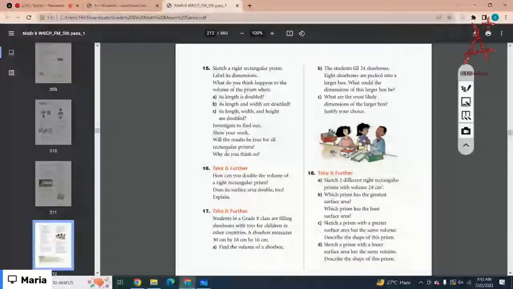What do you think happens to the volume of the prism when its length is doubled? If the length is doubled, the volume would be doubled because you know that V equals A times H. So if you double the length, the volume would be doubled.